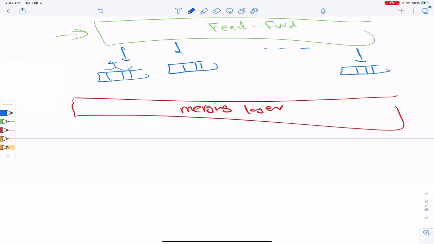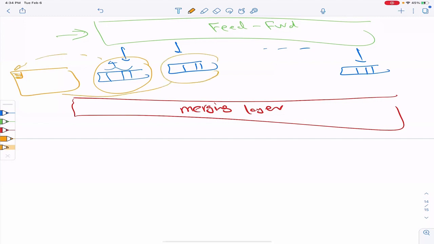Remember, each of these tokens that we have corresponds to a 4x4 patch on the original image. Let's say this corresponds to this patch, and this particular token corresponds to the other patch. So the merging layer looks at 4 adjacent patches, and it merges their corresponding vectors.